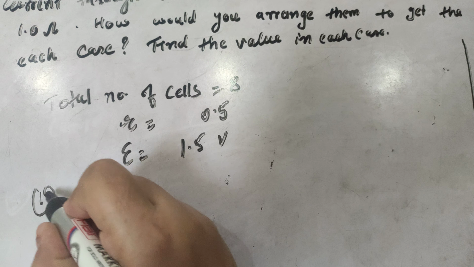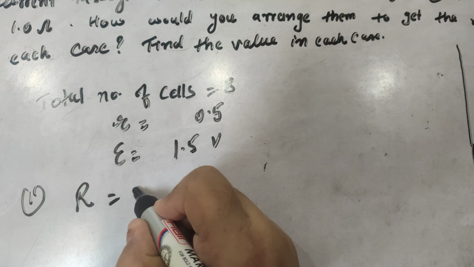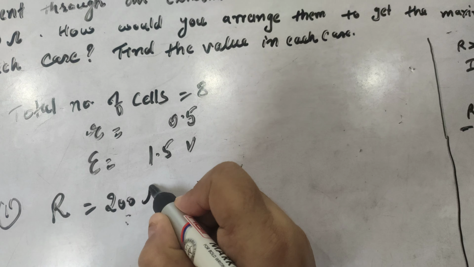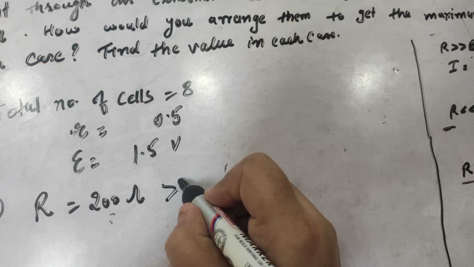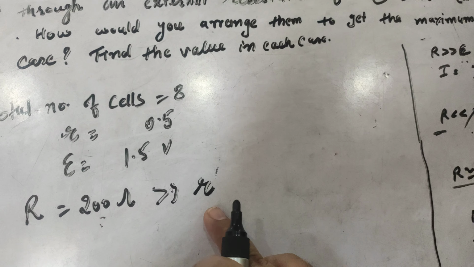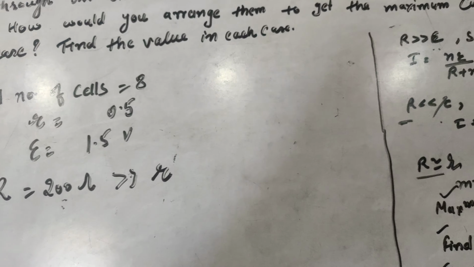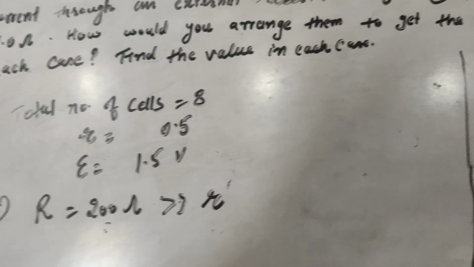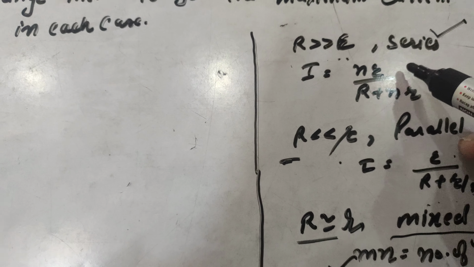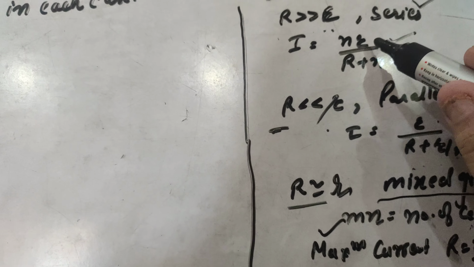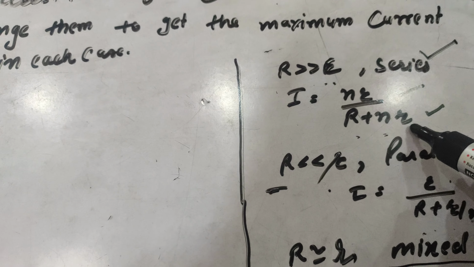So the first case is capital R is equal to 200 ohm, which is clearly very much greater than the internal resistance r. So this is the case we are talking about. The formula used is series, and that is I is equal to nE divided by R plus nr.